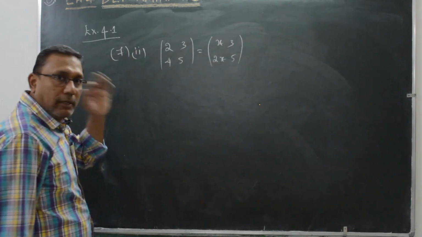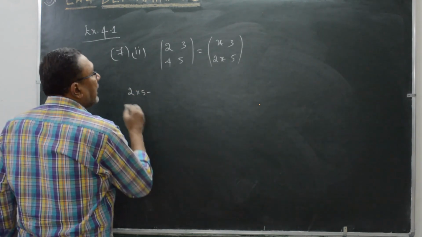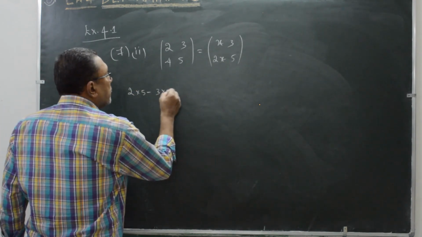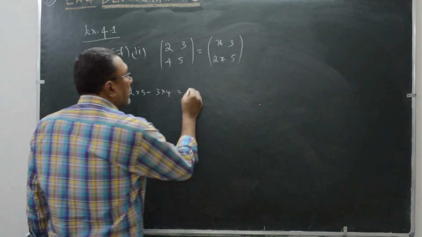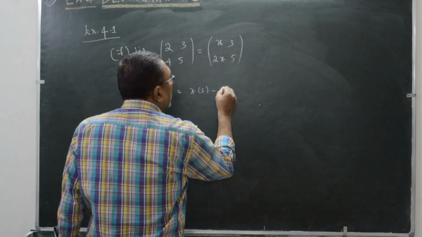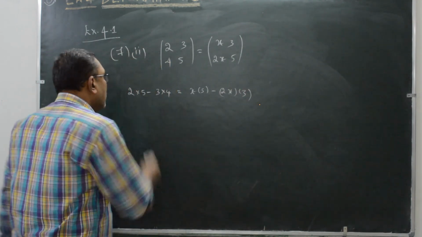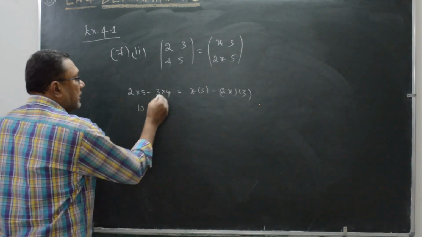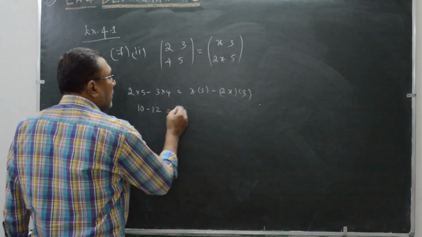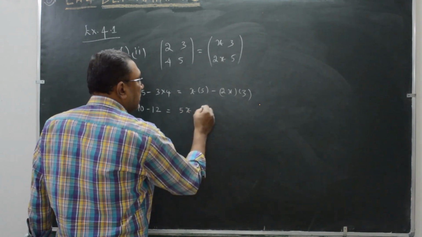So find the determinant value: 2 into 5 minus 3 into 4, which is equal to x into 5 minus 2x into 3. Solve it. 2 5s are 10 minus 3 4s are 12, which is equal to 5x minus 6x.